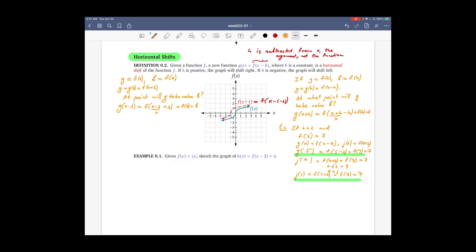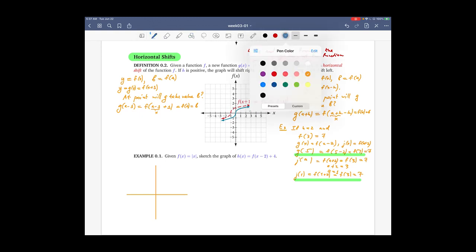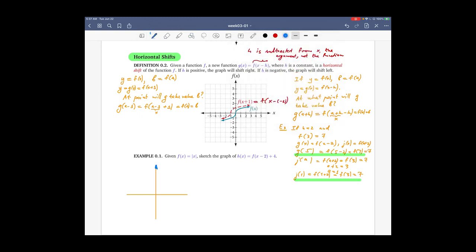Well, let me show this to you step by step. Let's draw the absolute value of x first.